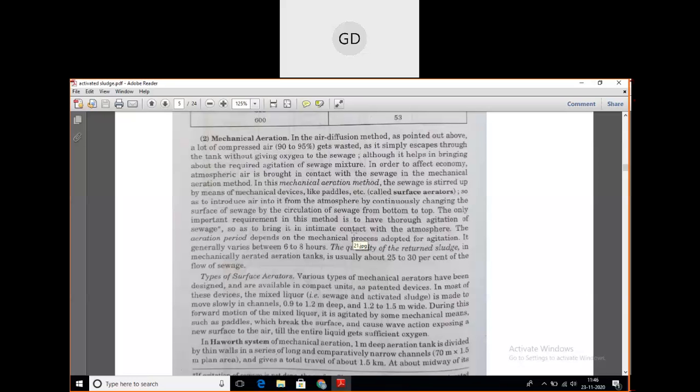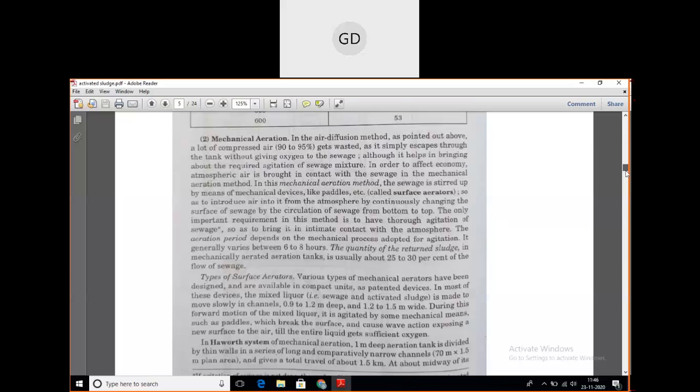It generally varies from 6 to 8 hours. The quantity of return sludge in mechanically aerated tanks is about 25 to 30% of the flow of the sewage.